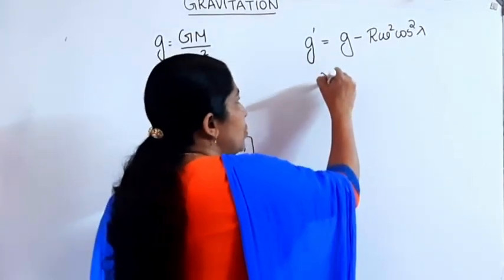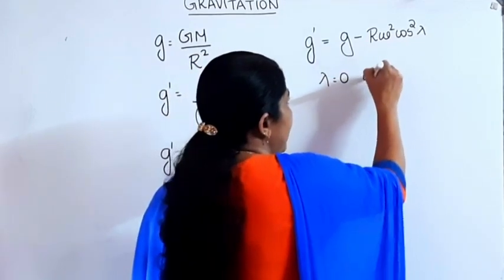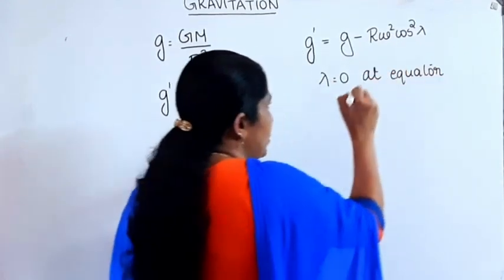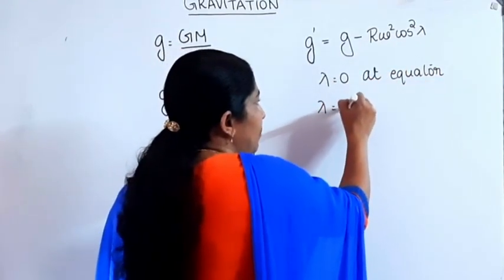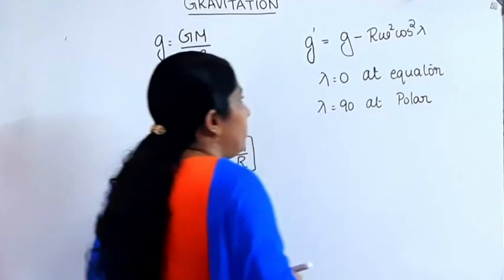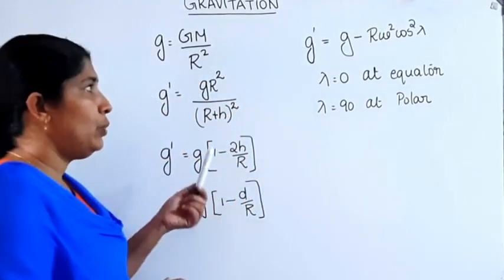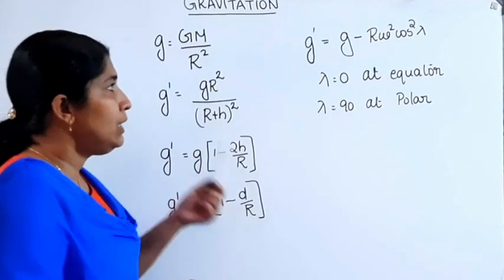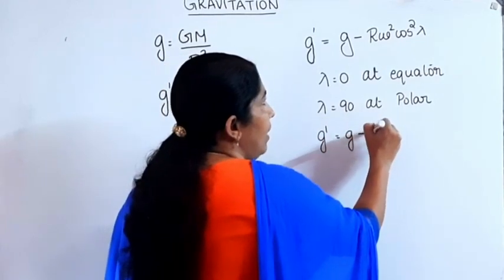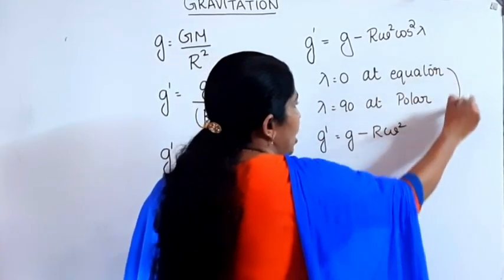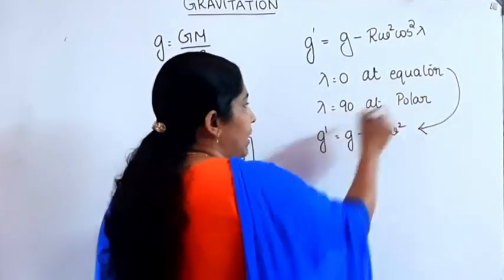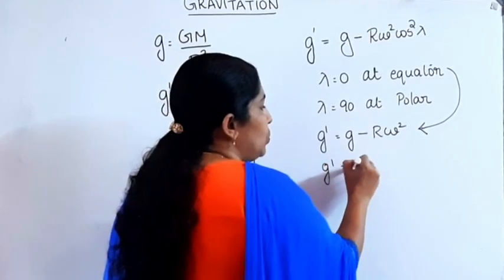Lambda is equal to 0 at the equator, and lambda is equal to 90 at the polar region. So at the equator, g dash is equal to g minus r omega square, and at the polar region, g dash is equal to g.